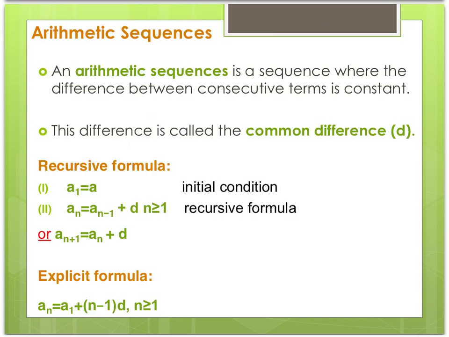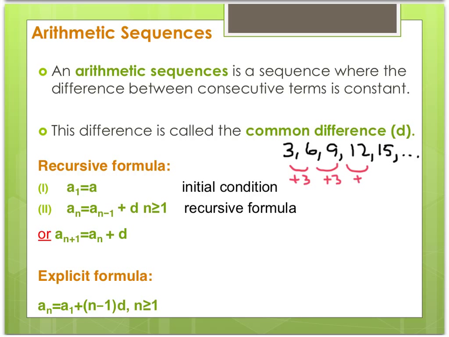An arithmetic sequence is a sequence where the difference between consecutive terms stays constant. Now, consecutive means terms one after the other. This difference is called the common difference, and we denote that using a d. So, for example, if I'm looking at this sequence here, I can see that each time I am adding 3.